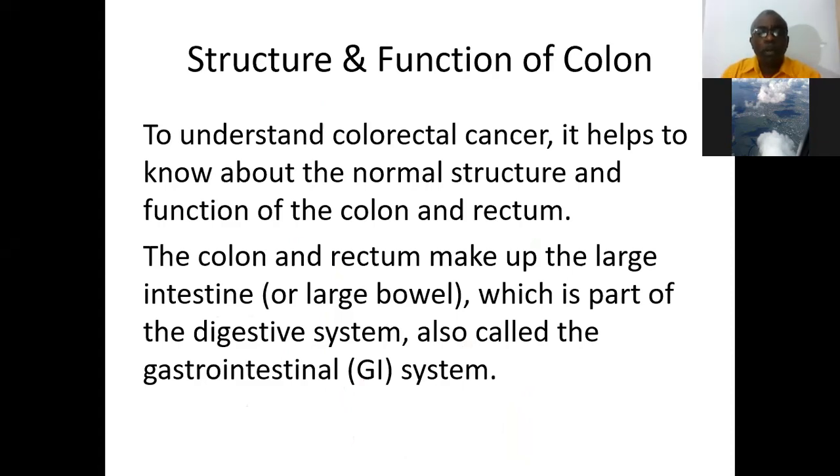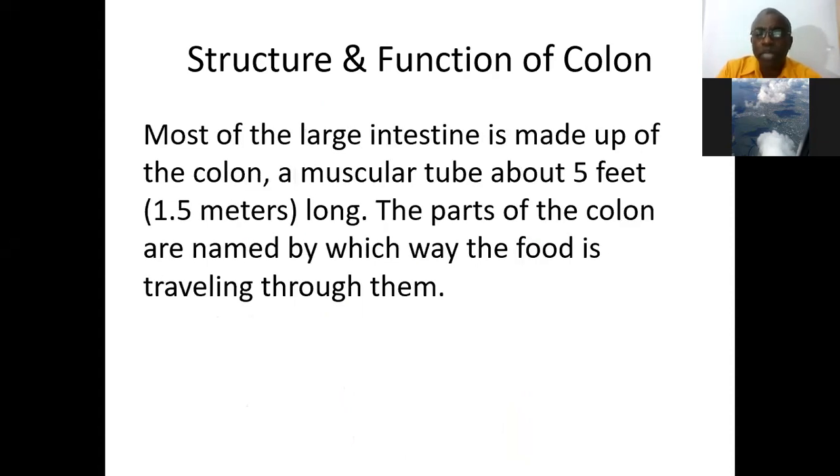So to understand colorectal cancer, you have to know a little about the bowel. The whole of the large bowel measures about 5 feet, or about 1.5 meters. The small intestine is much longer than that, but as I say, we're not going into the small intestine.